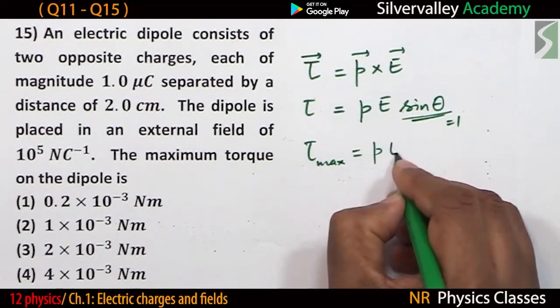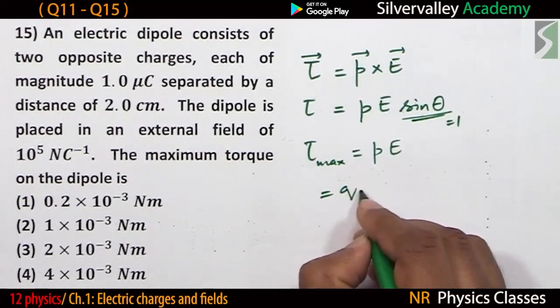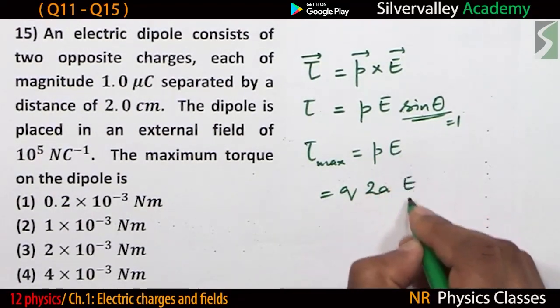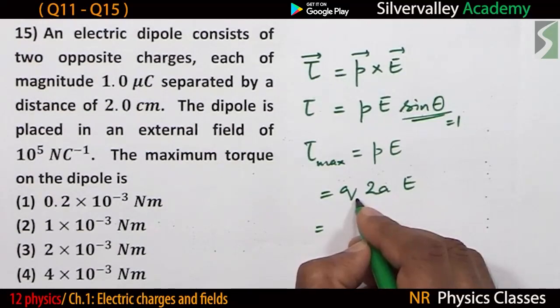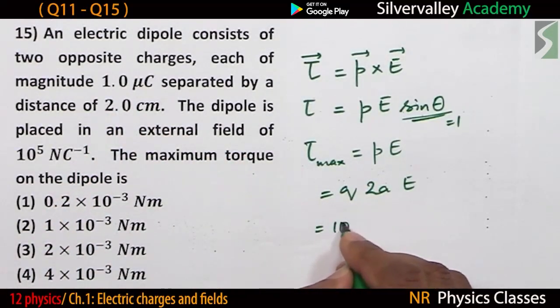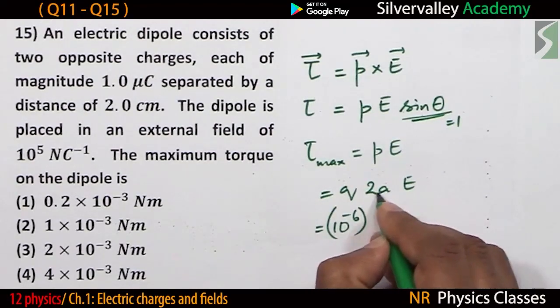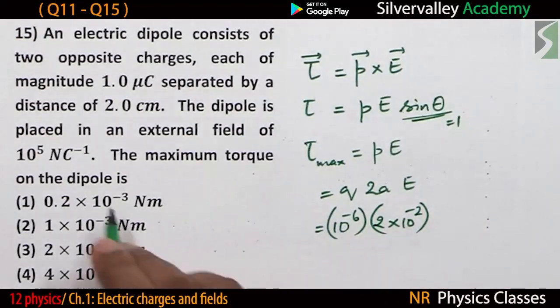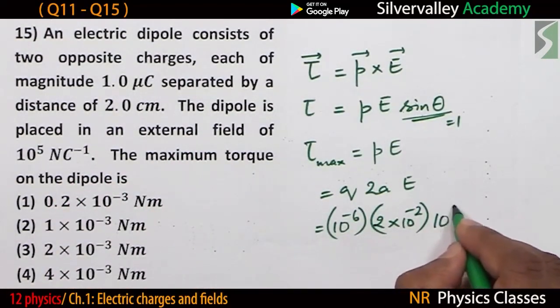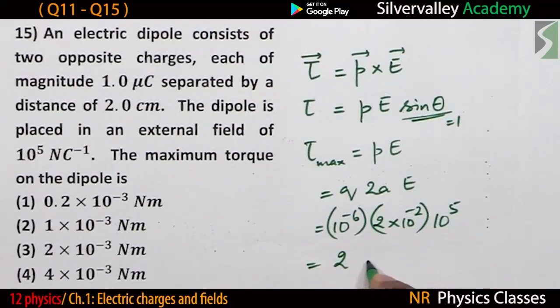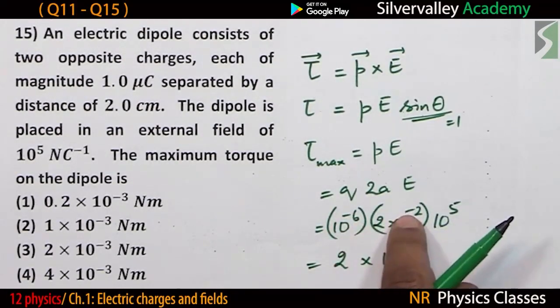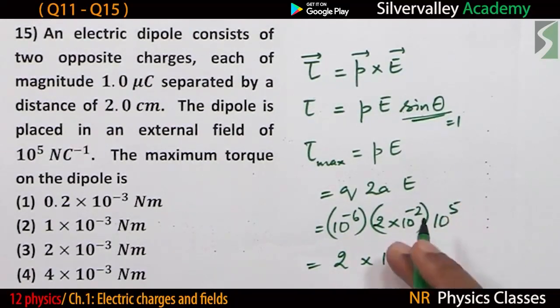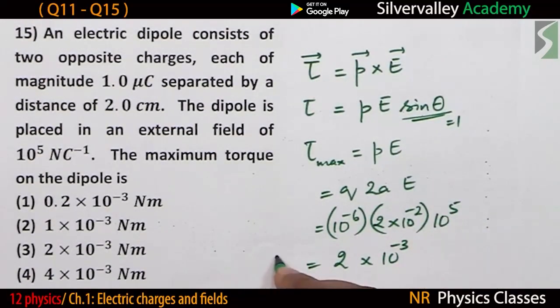So it is P into E. P is Q into 2A, and this is electric field. So charge is 10 power minus 6. Distance between the charges 2 cm, and then electric field is 10 power 5. So it is 2, 10 power minus 6 minus 2 minus 8 plus 5 is minus 3. So this is the torque, which is Newton meter. So 2 10 power minus 3.